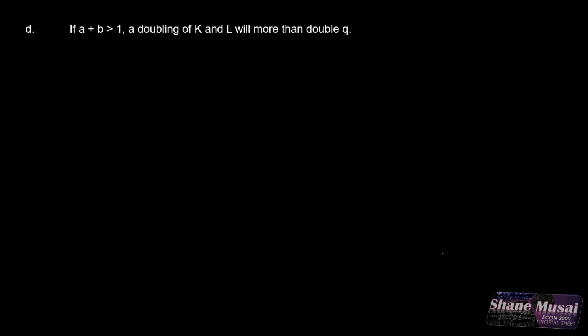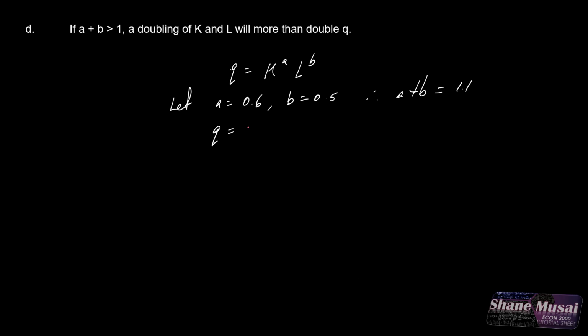So it'll be increasing returns to scale. This time we will let A equal 0.6 and B equal 0.5. Therefore, A plus B is equal to 1.1, which is greater than 1, right? Production function would be K to the power of 0.6, L to the power of 0.5.